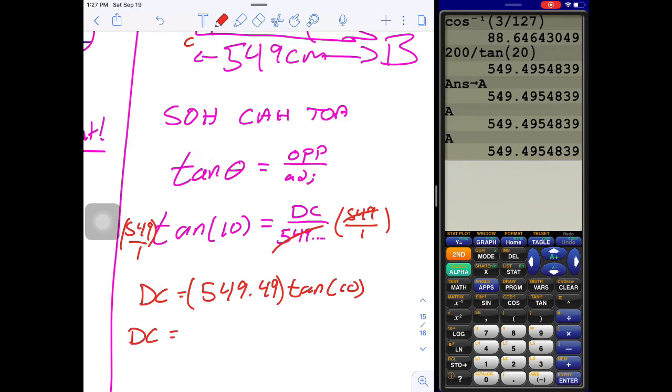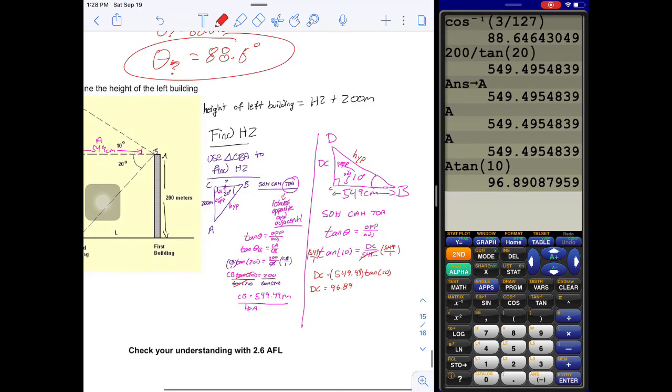So D to C is going to be alpha A. So we're actually going to press alpha A, because remember A represents this number, and I'm going to press tan 10. And that gives me D to C equaling 96.89. And what's this measured in? Meters.